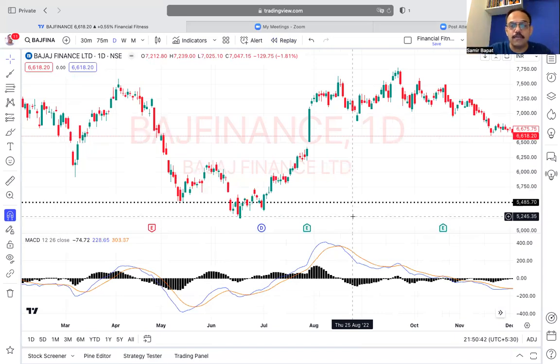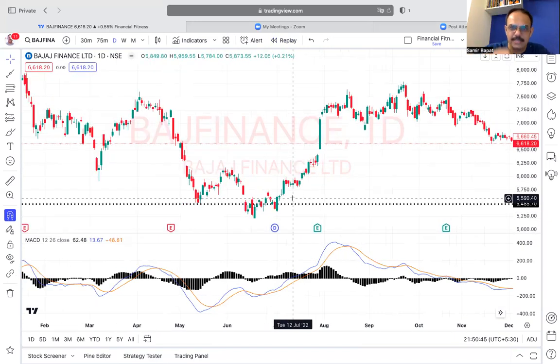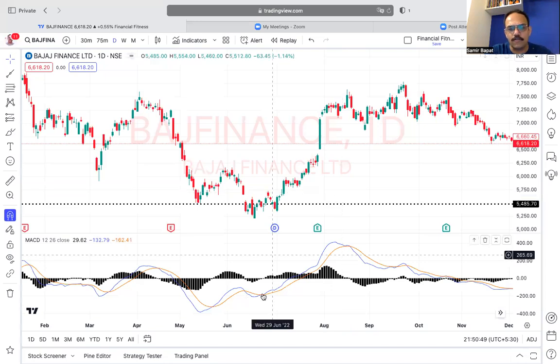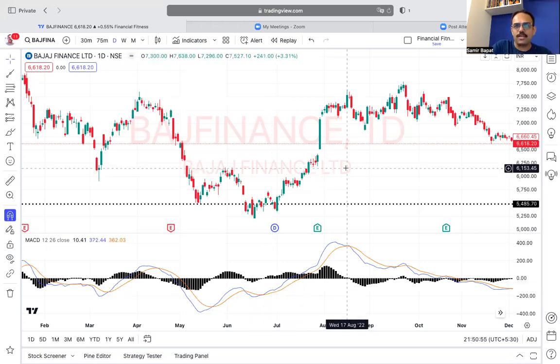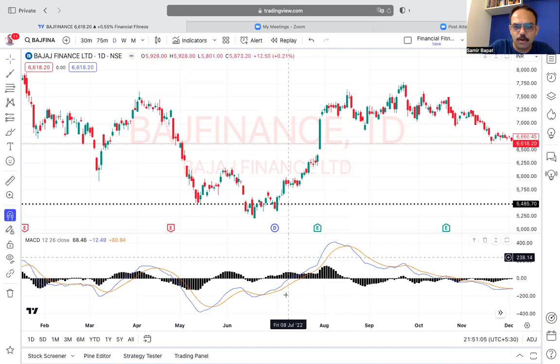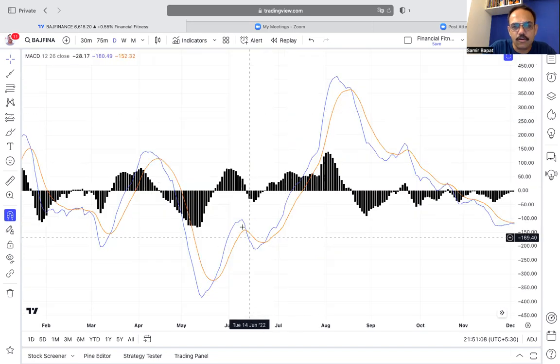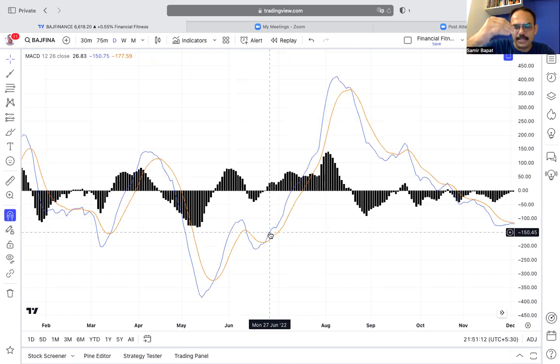Before that, an easier way to spot it is the crossover of the MACD line above the signal. To spot divergence is a little tough when we are a beginner. What is easier to spot is the crossover. See this blue line crossing above the orange line, the signal line, it is easier to spot.